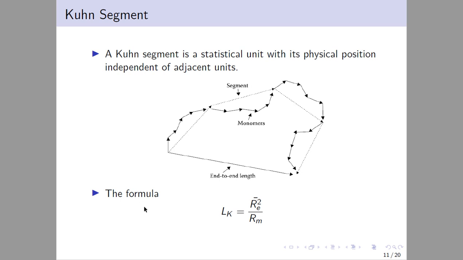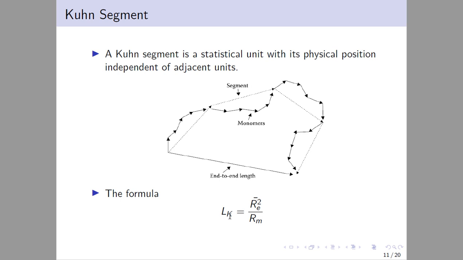So L_K, the Kuhn segment, equals R_e squared over R_m, the average end-to-end length, divided by this. So we have the Kuhn segment.